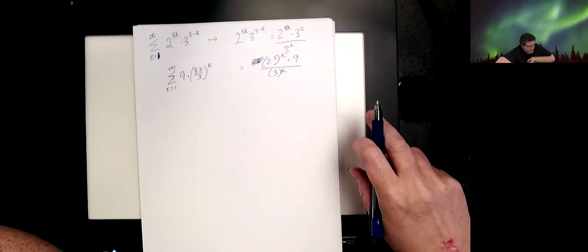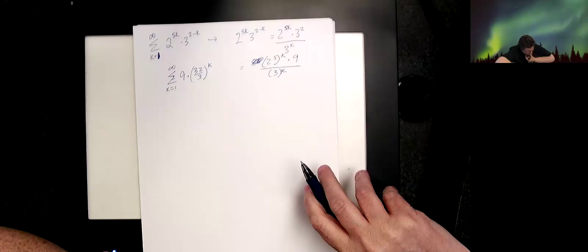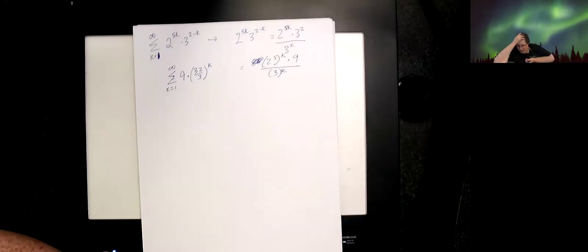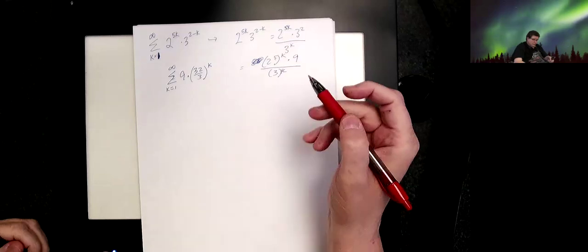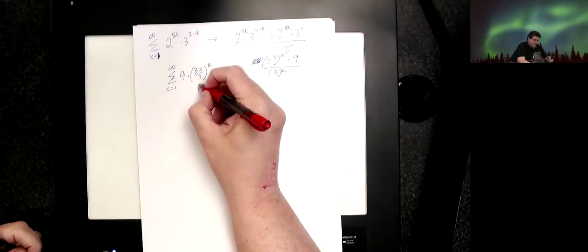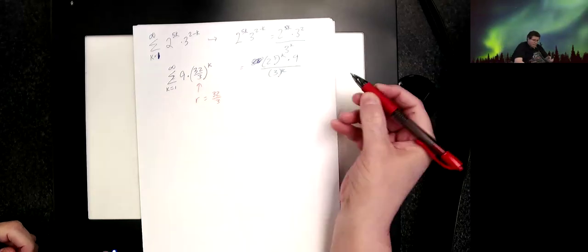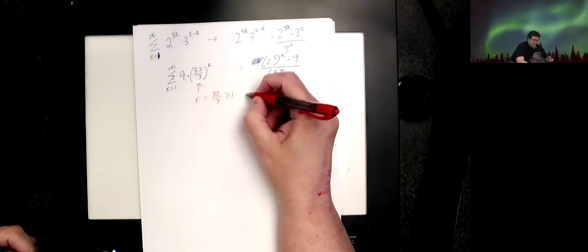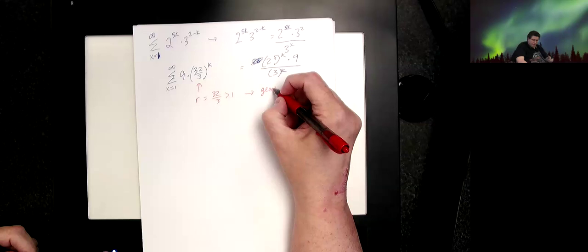Now that we've rewritten it into a form that looks familiar, well, if that's our r, that's greater than 1. And that means this geometric series will diverge.